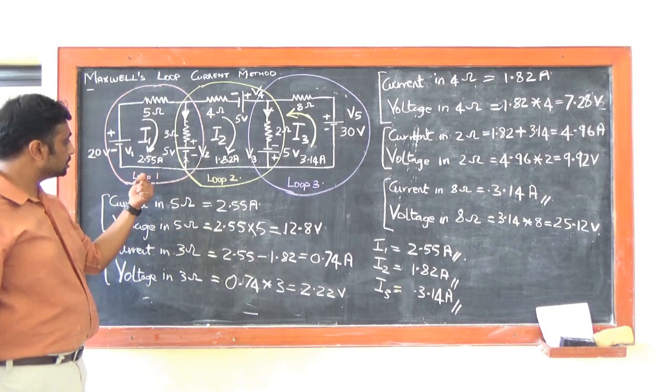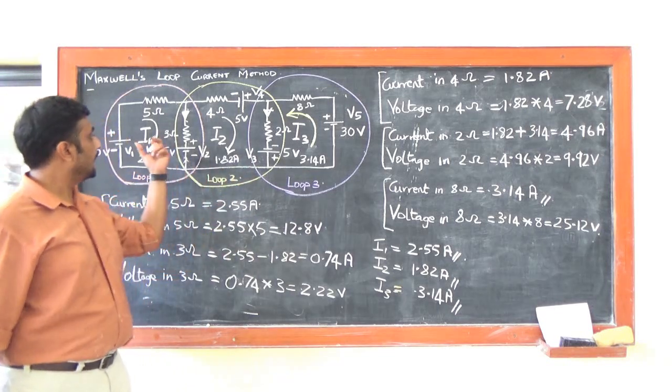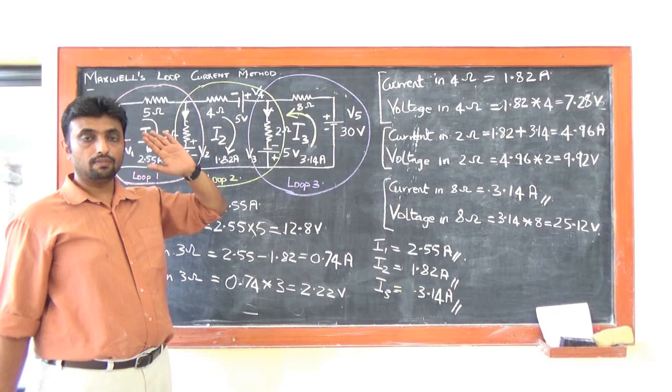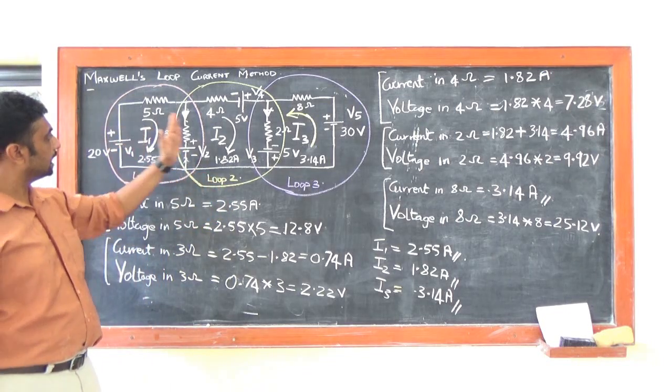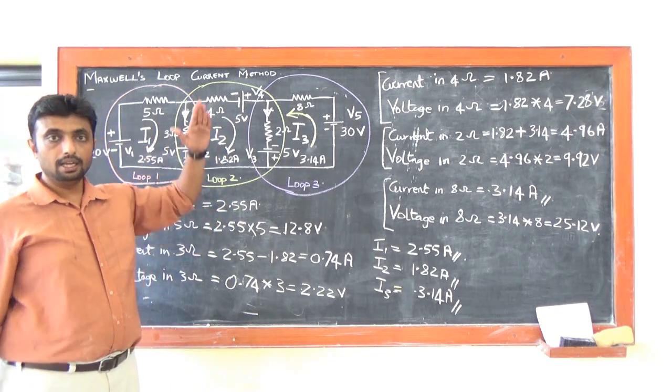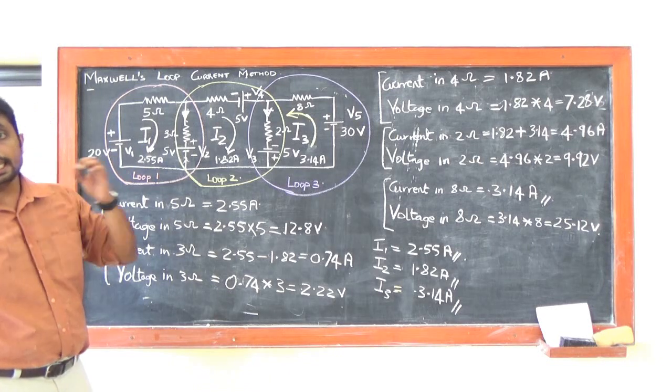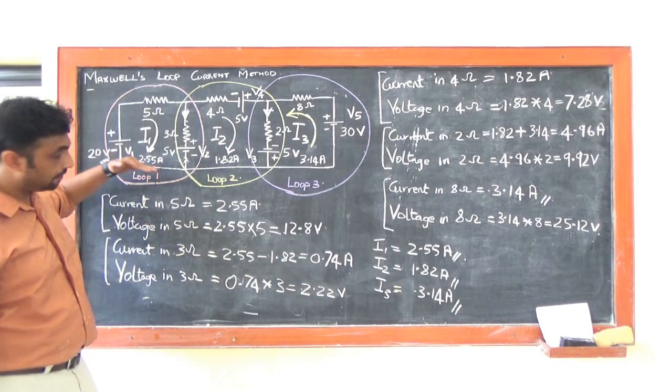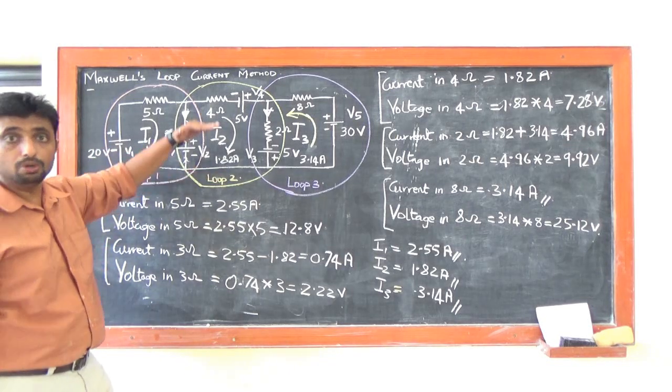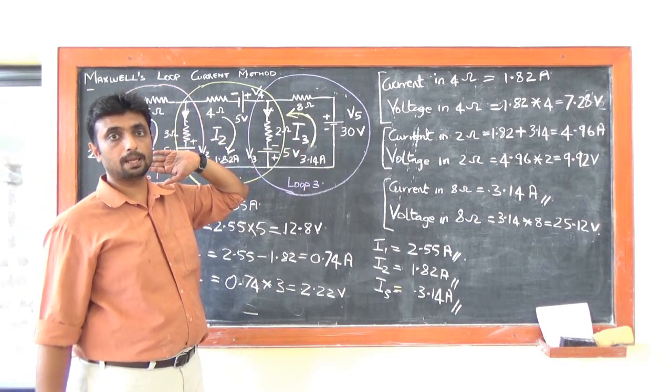Once you get your circles, assume your currents. Once you assume your current directions for I1, I2, I3, solve using KVL in each and every loop: KVL in loop 1, KVL in loop 2 and KVL in loop 3.